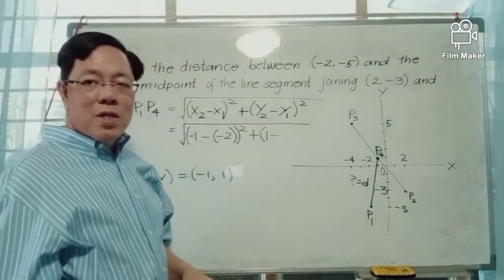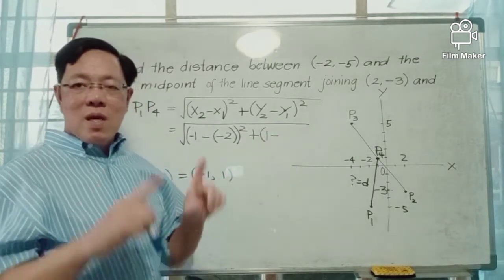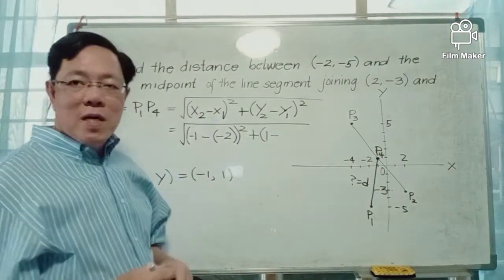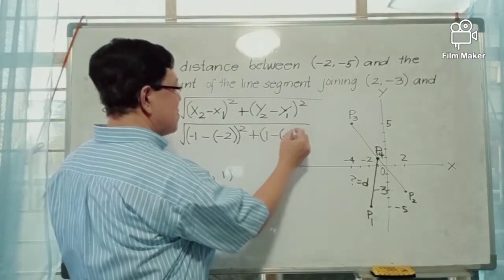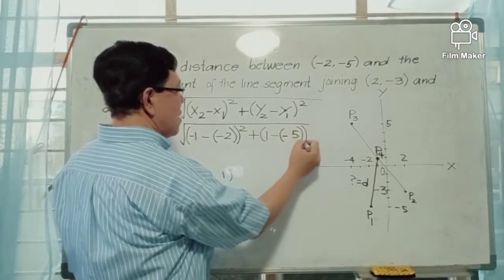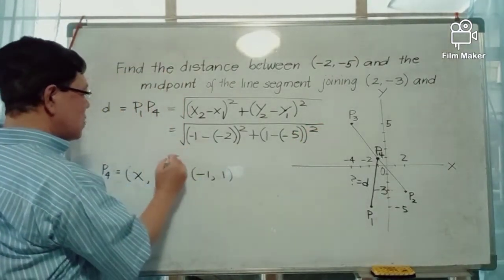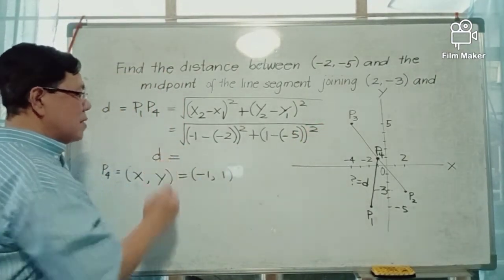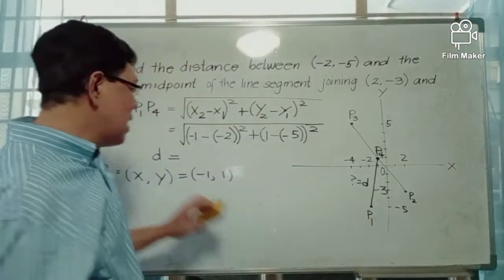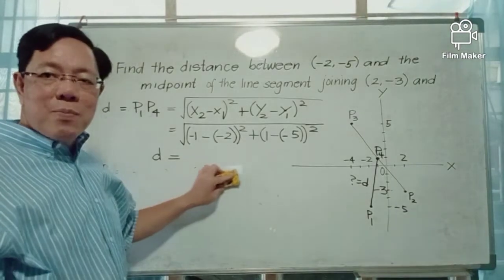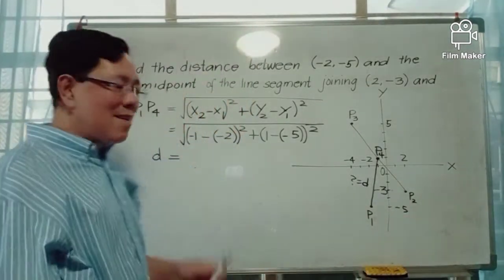Again, because the ordinate y1 of the first point is negative, we write -5 in parentheses: minus -5 squared.